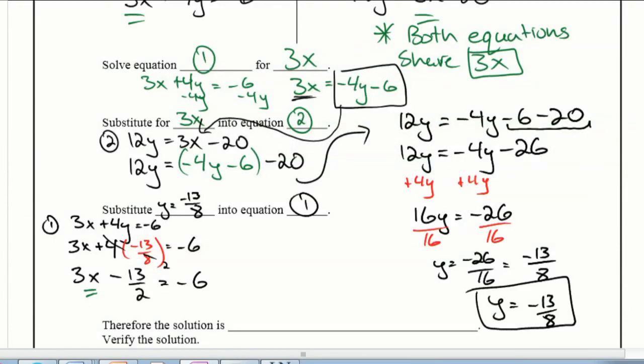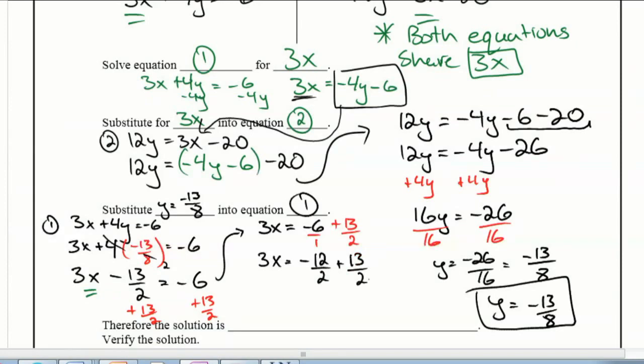So I'm going to now add 13 over 2 to both sides, because that is the opposite of the subtraction that I'm doing. Continue up here. 3x is equal to negative 6 plus 13 divided by 2. Adding fractions, we must have a common denominator. This is kind of like negative 6 over 1. If I want to get it to negative 6 over 2, I'm going to have to multiply it by 2. So I end up with negative 12 over 2 plus 13 over 2.